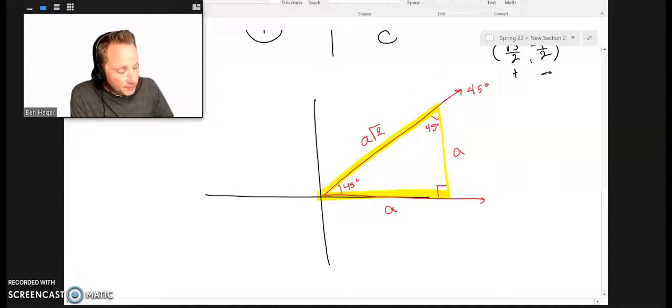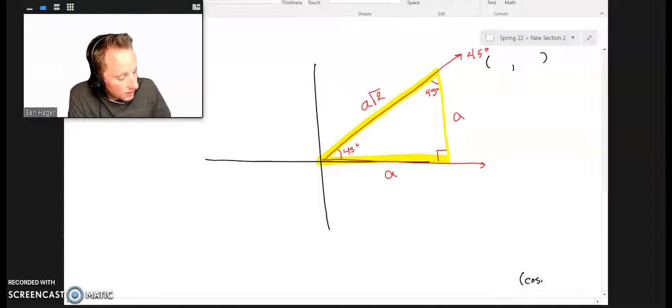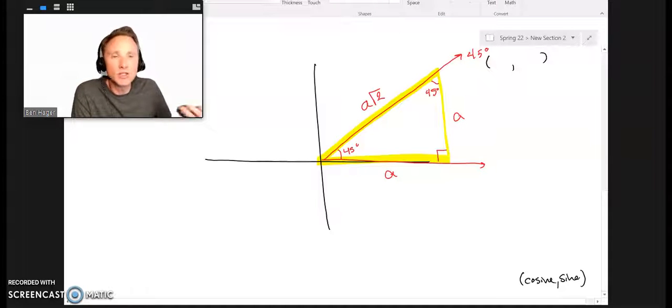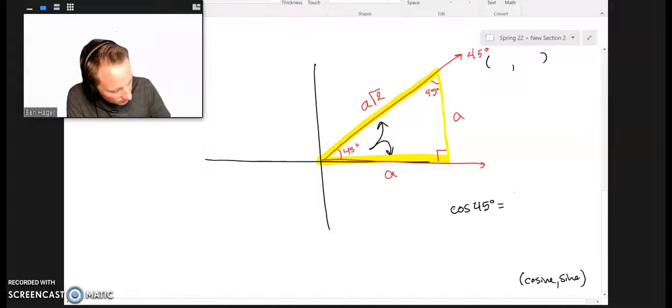So if you recall, we list our cosine and sine values here for our given angle. Remember, it's always cosine first, then sine. Cosine and then sine. All right, just using good old SOHCAHTOA, if I want cosine of 45 degrees, I need adjacent over hypotenuse.